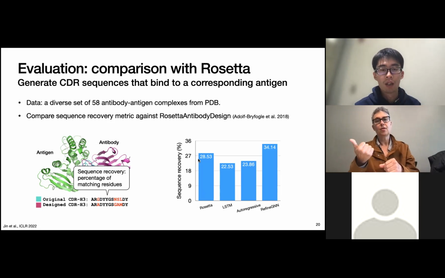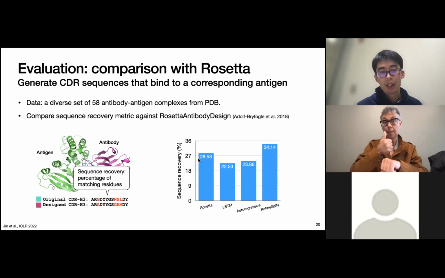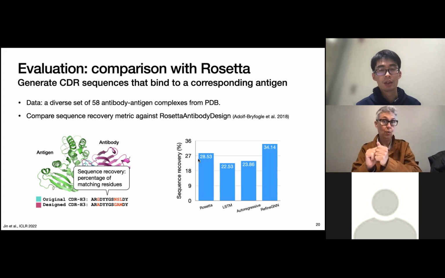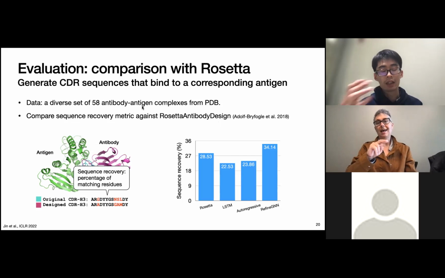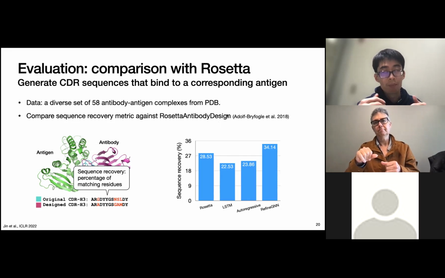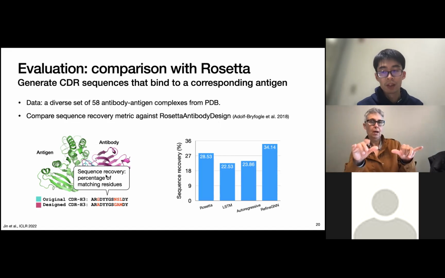Now coming to another evaluation, here we want to compare with Rosetta antibody design. We want to see how our model, based on this data-driven approach, performs compared with existing physics-based models. We evaluated our model on 58 antibody-antigen complexes. Basically, Rosetta antibody design selected a benchmark data set of around 60 antibodies, and they proposed this evaluation metric called sequence recovery, which is indeed a standard metric among the protein engineering community.